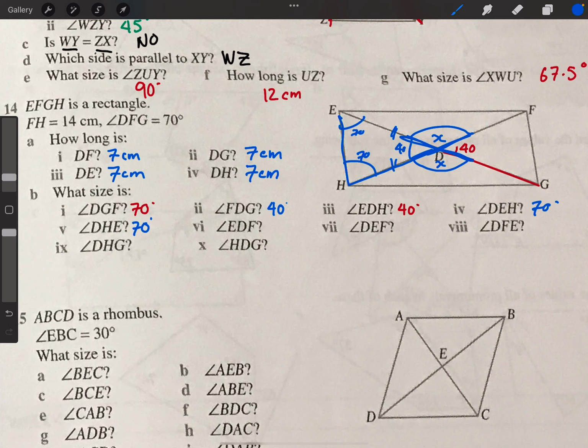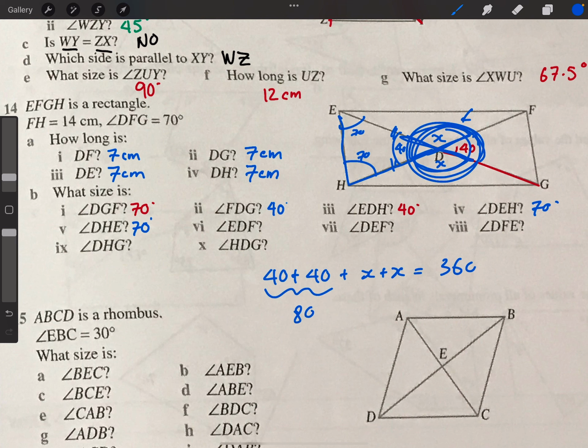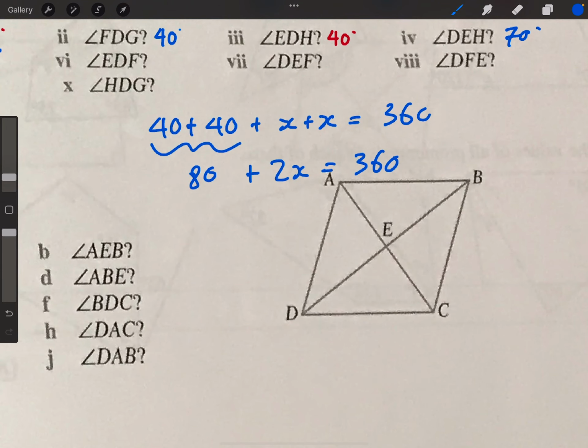So this is 40, this is 40, X and X. So 40 plus 40 plus X plus X is equal to 360, the full revolution. This will be 80. 80 plus 2 lots of X is equal to 360. Let's work backwards and find out what X is.